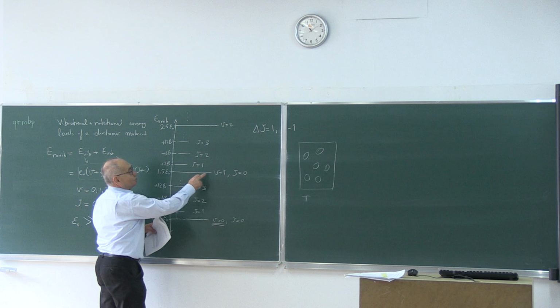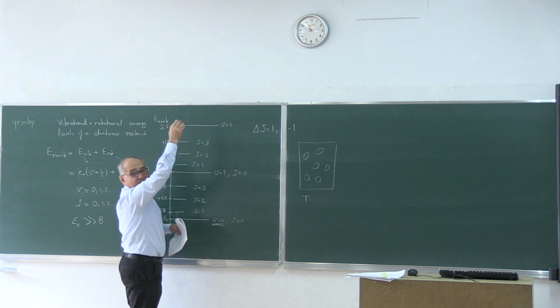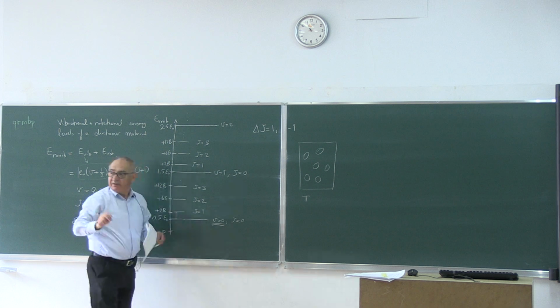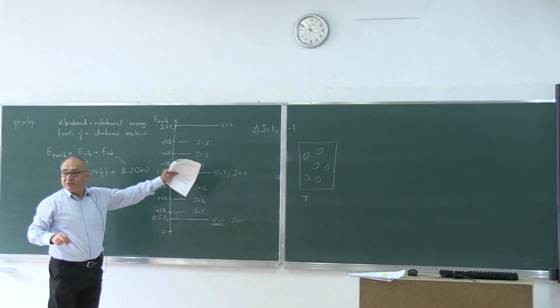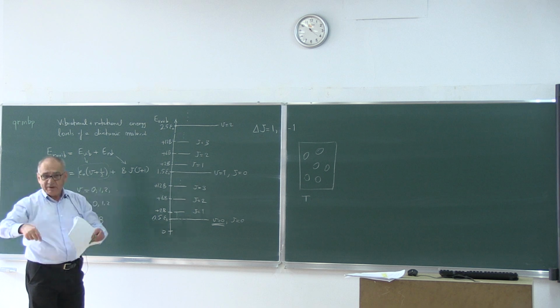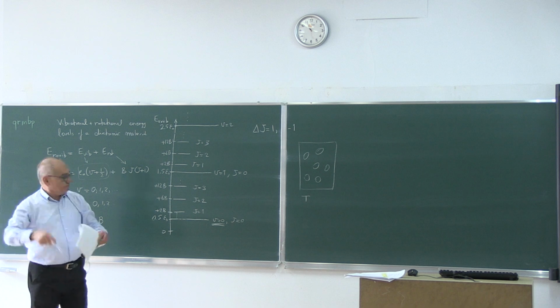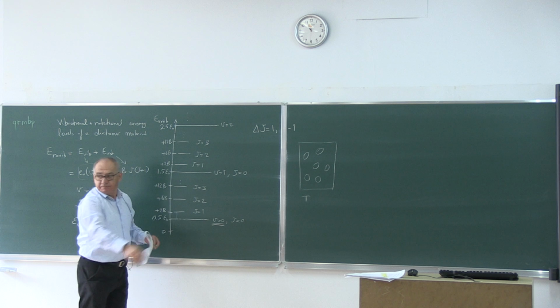There are no molecules initially at V equals 1 or V equals 2, etc. Is that clear? So we can safely assume that all the molecules in our sample are vibrationally in the ground level, V equals 0 level.